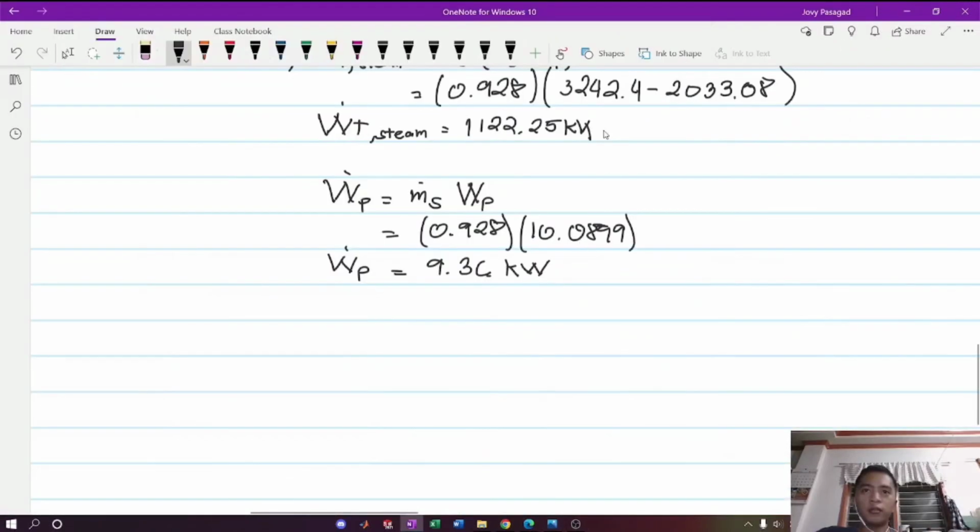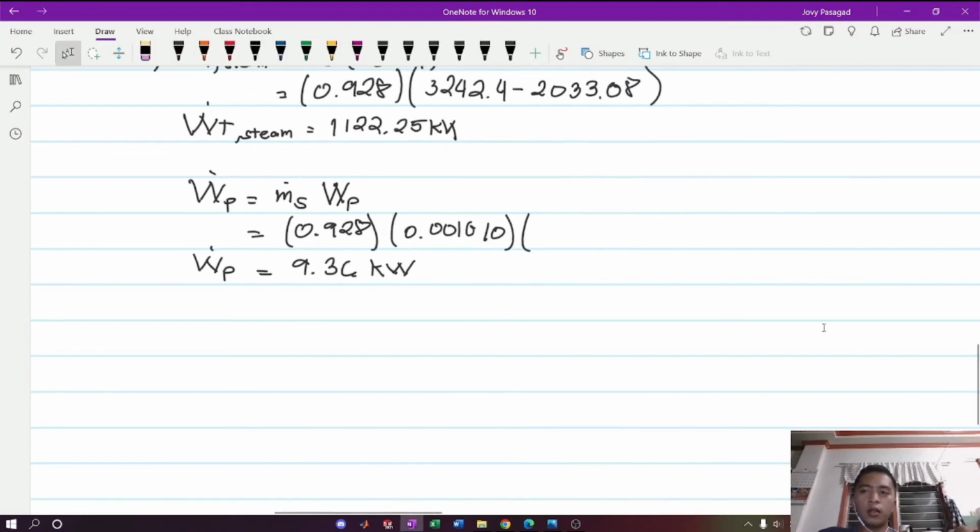That's a pump. By the way, gilitso lang siya. So ang proper di ani is ang pag-solve sa work sa pump katong iyang specific volume na 0.001010 times sa change in katong pressure niya nga 10,000 kPa minus 10. So manang answer og 9.36.